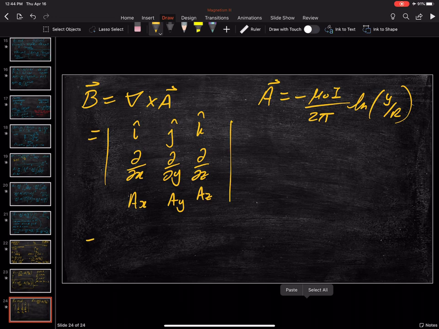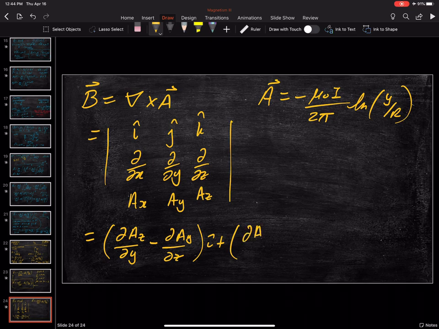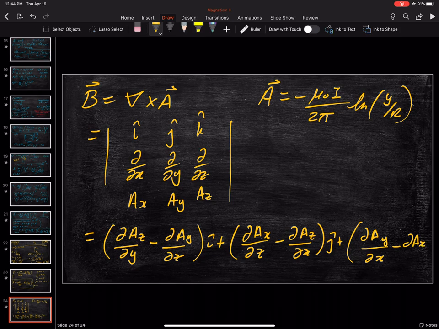Working it out, you get dAz/dy minus dAy/dz i hat, plus dAx/dz minus dAz/dx j hat, plus dAy/dx minus dAx/dy k hat.